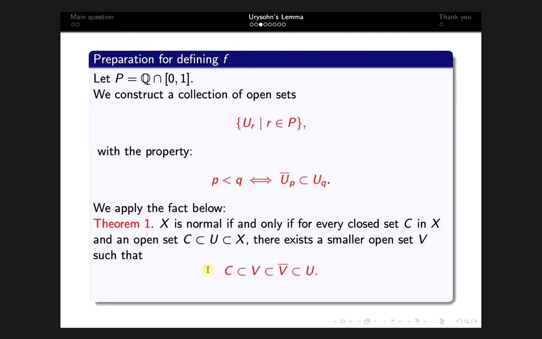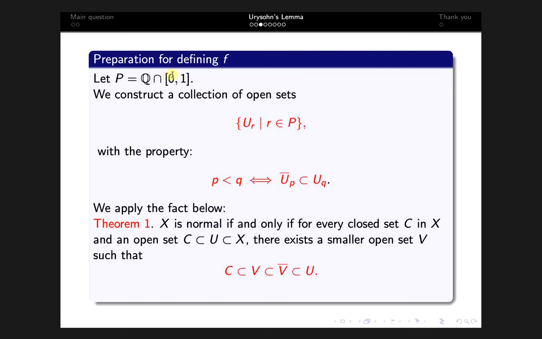So to define function f, we need some construction. So, preparation for defining f. Let P equal the set of all rationals in the closed interval [0, 1].